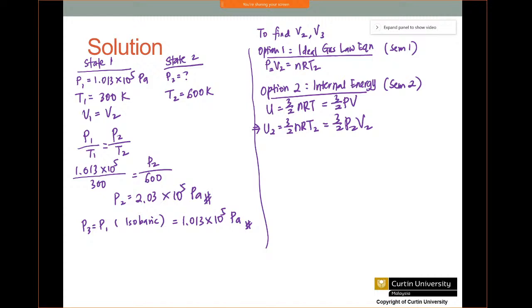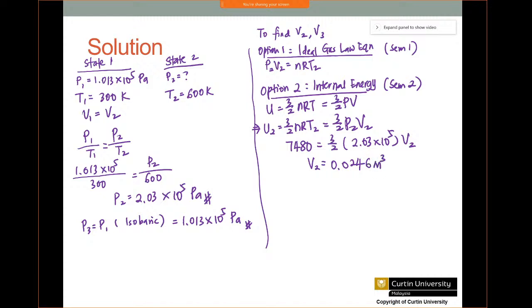So from our previous questions, U2 is 474.0, P2 2.03 times 10 to the power of 5, V2. So V2 is 0.0246 meter cube.